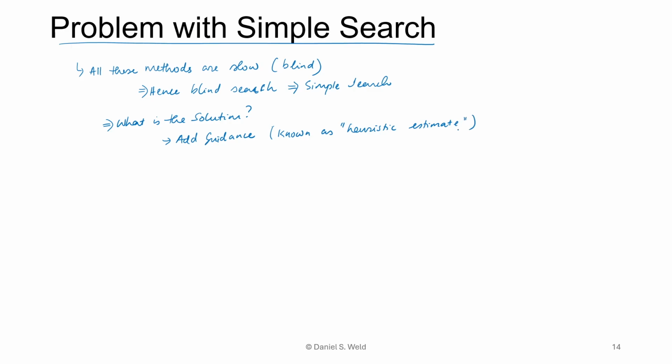You should add some guidance, tell the blind search where to go. The other option is informed search. Instead of the blind search, do informed search. So it is a second alternative: you can add guidance or you can do the informed search.